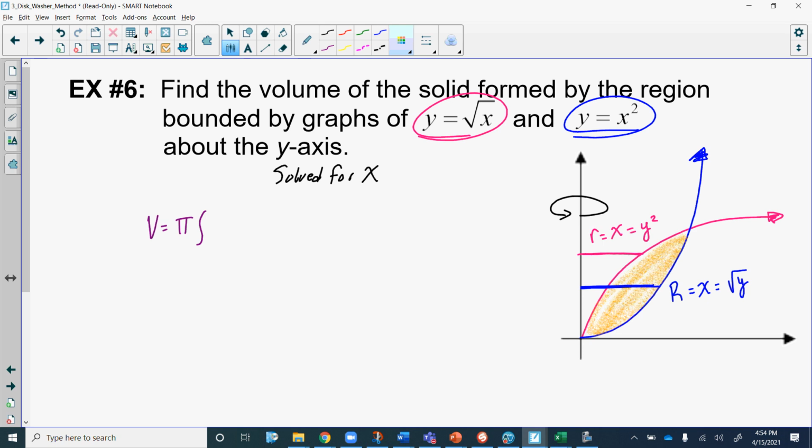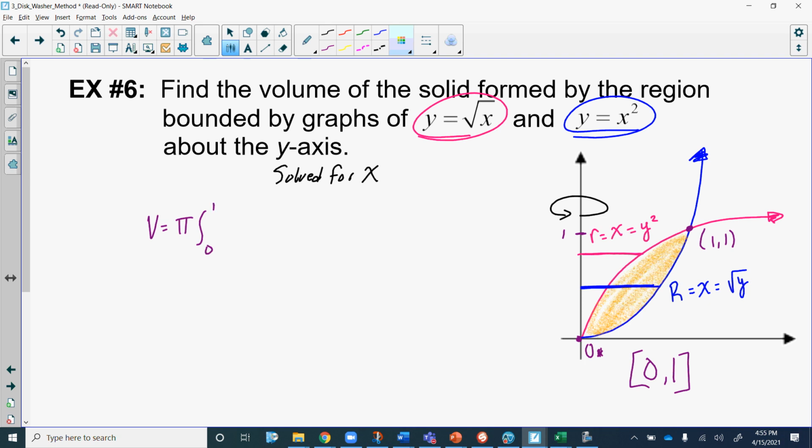In this case, we need to see where they intersect. Because they're inverses of each other, they should intersect at 1 and 1. So my interval is going to be from when y is 0 to when y is 1.